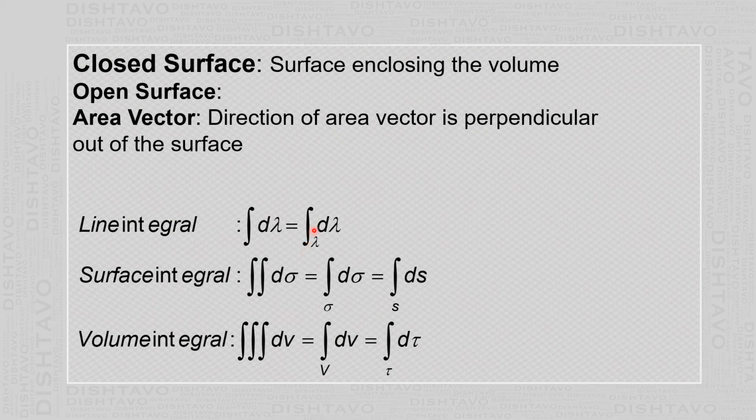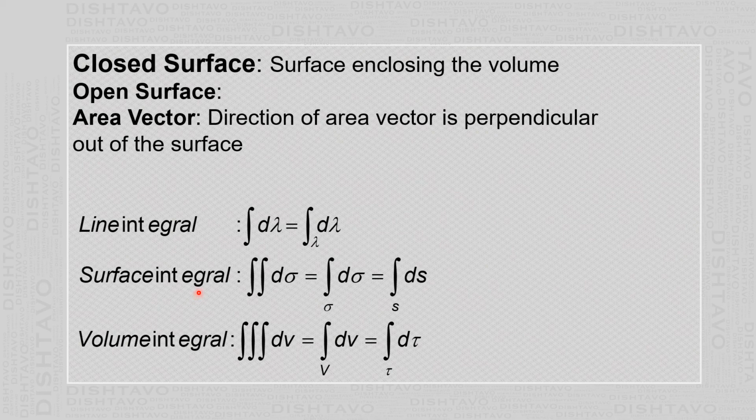Now the quantity which is inside the integral, in this case d lambda, is called the integrand. So this is the symbol for the integral, and the quantity which is integrated is called the integrand.